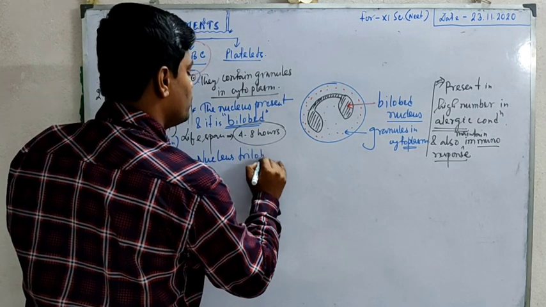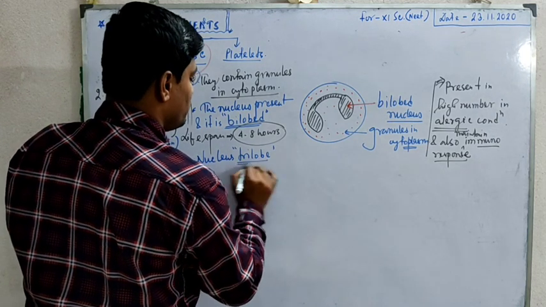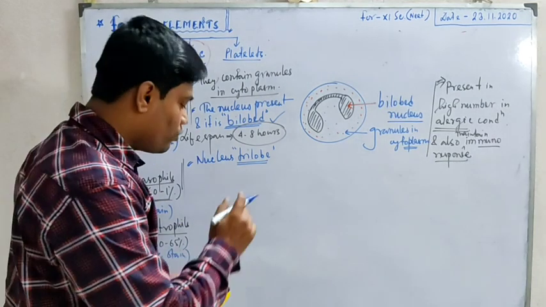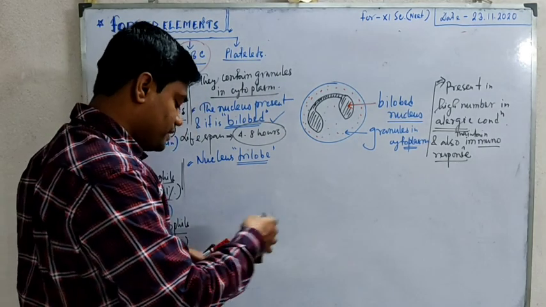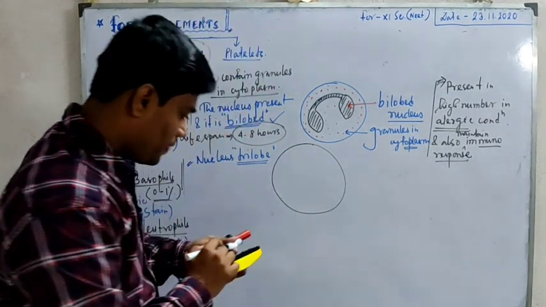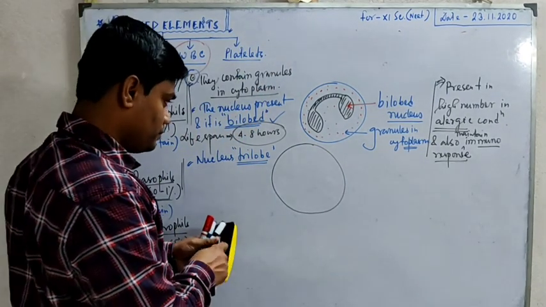Nucleus trilobe. Previously in eosinophil the nucleus is bilobe, and here the nucleus is trilobe. Just looks like that.